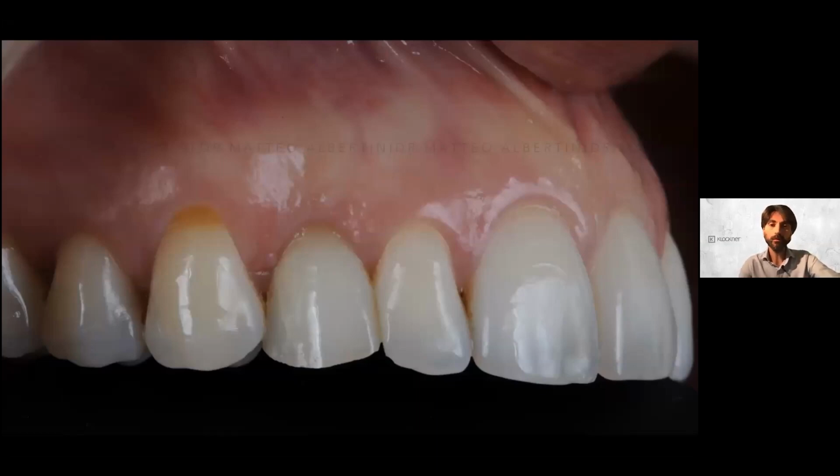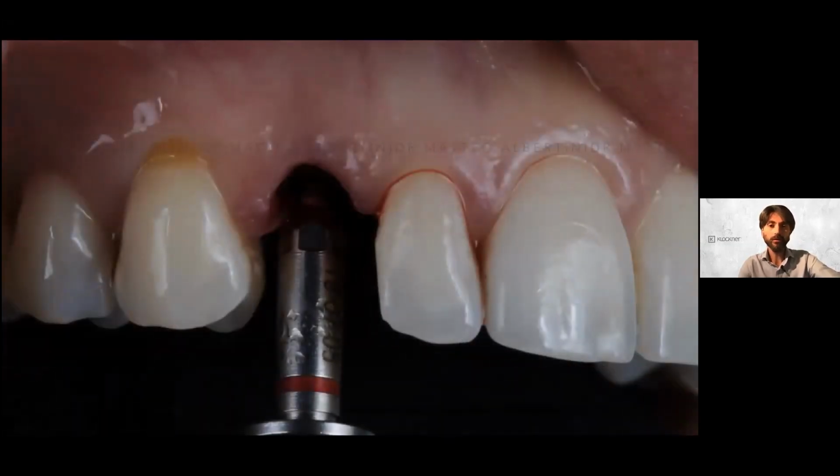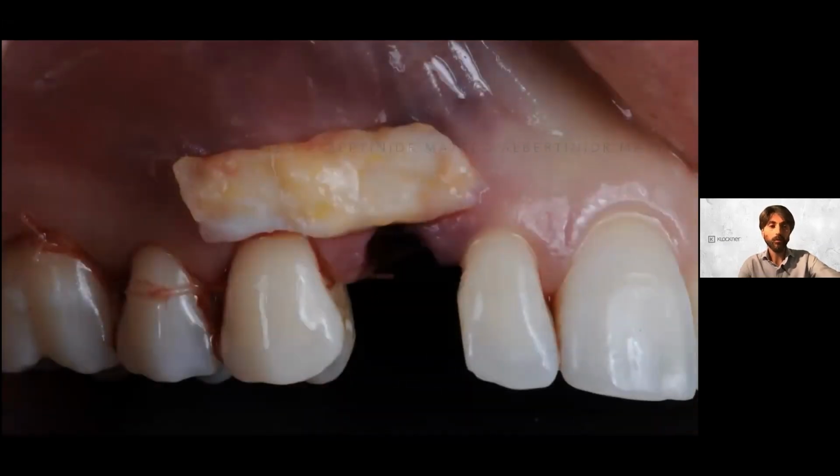So same protocol, it's a flapless technique. We extract the tooth, we position the implant in a palatal position, we graft the area with a soft tissue graft from the palate, and we insert the graft within an envelope. It's a tunneling technique.